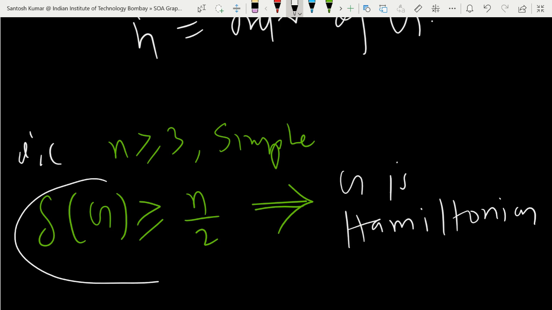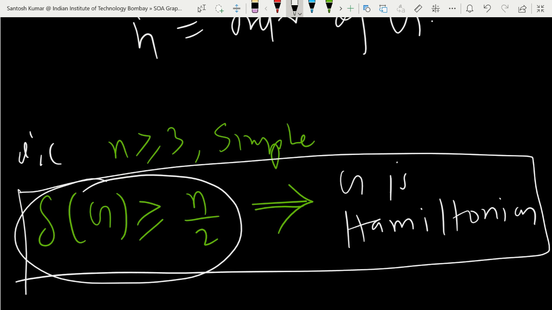So this is the sufficient condition. If this holds, then this is sufficient for being Hamiltonian. Again, sufficient, not necessary, right? If this holds, then it is Hamiltonian.